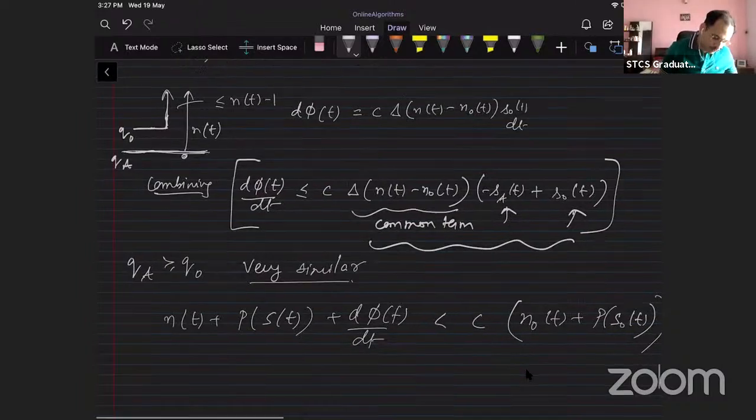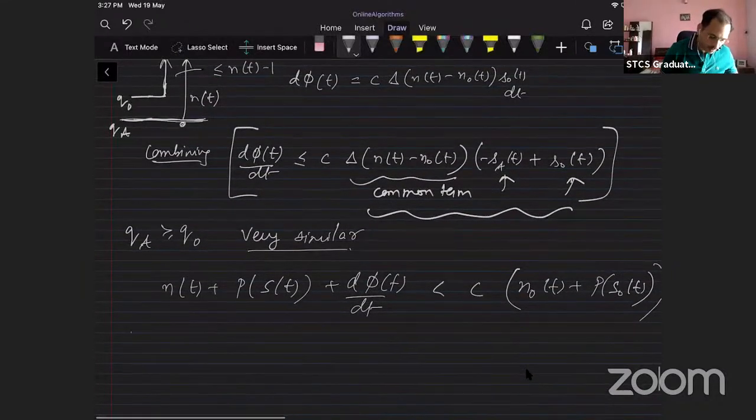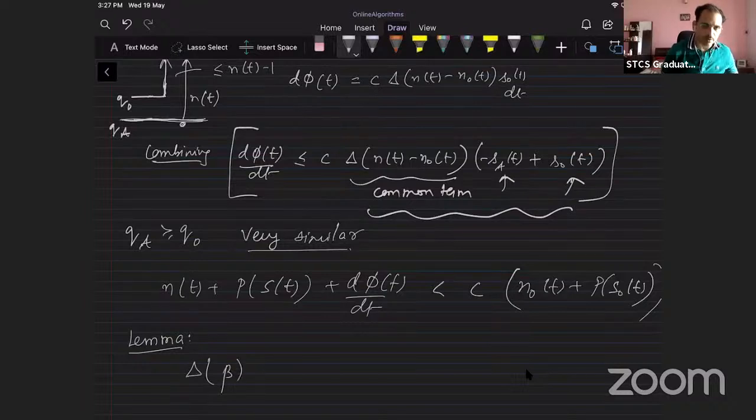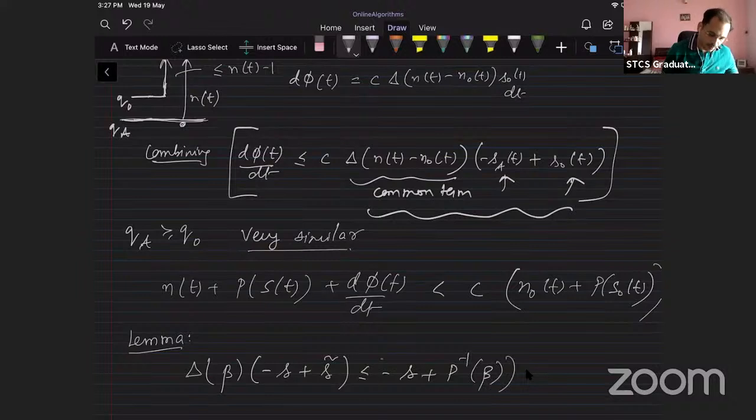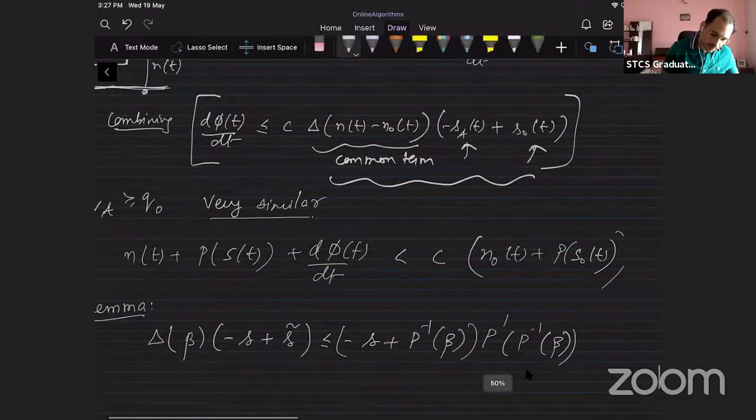So here is a lemma which we'll prove next time. Lemma: delta of beta, where beta is greater than or equal to 0, times minus s plus s tilde, where all these quantities are greater than 0, is less than or equal to minus s plus p inverse of beta whole thing times p prime p inverse of beta plus p of s prime minus beta.